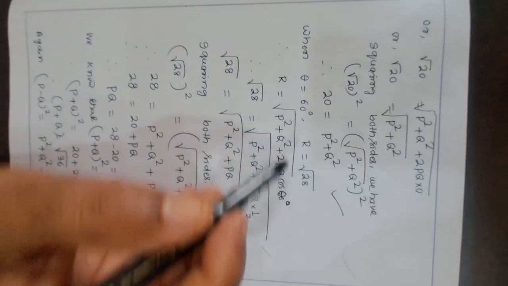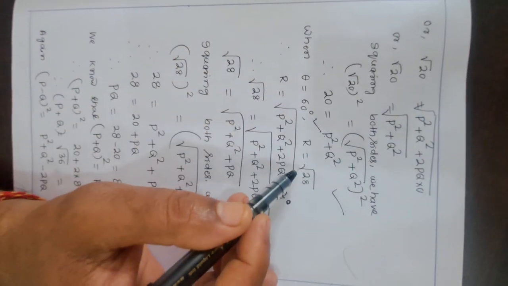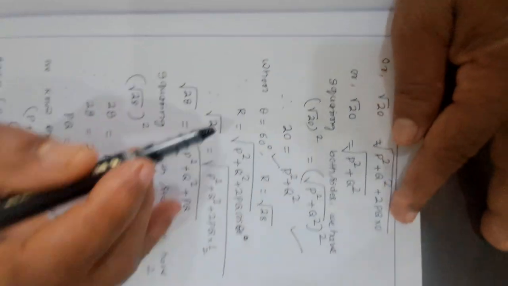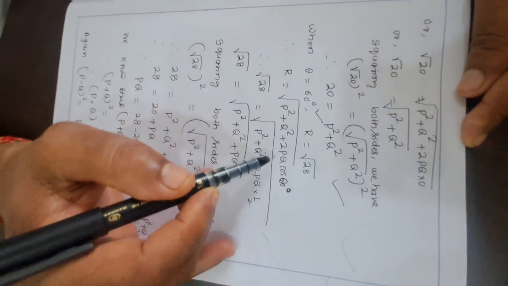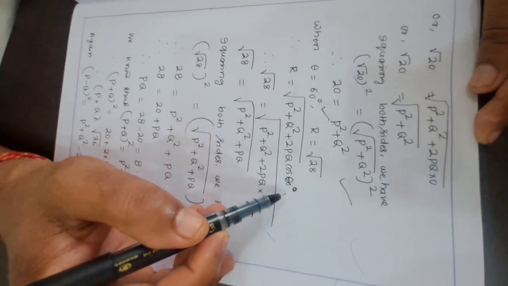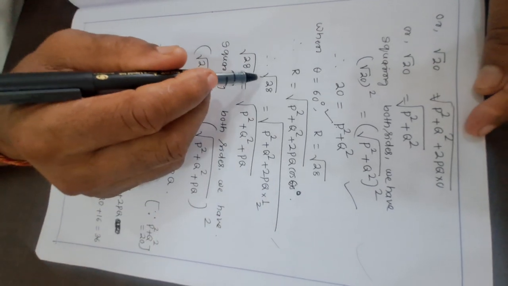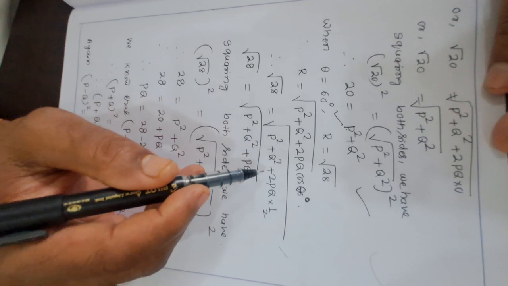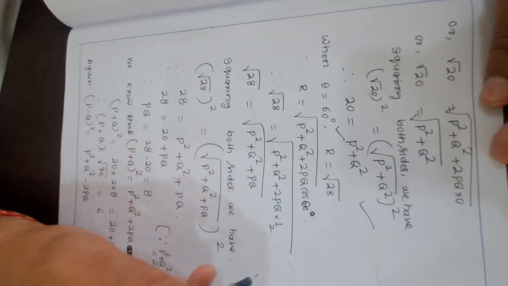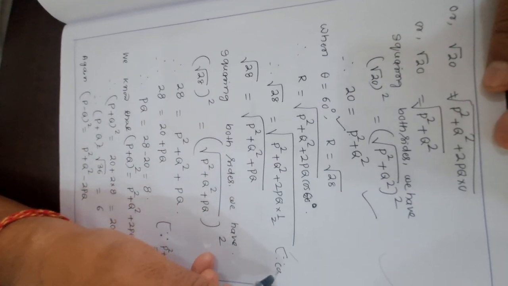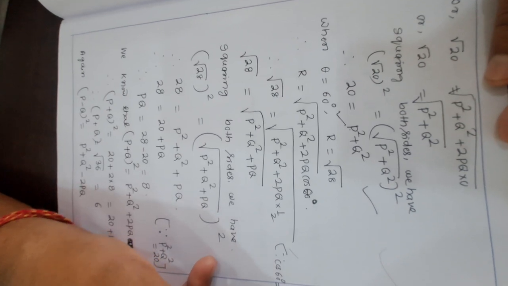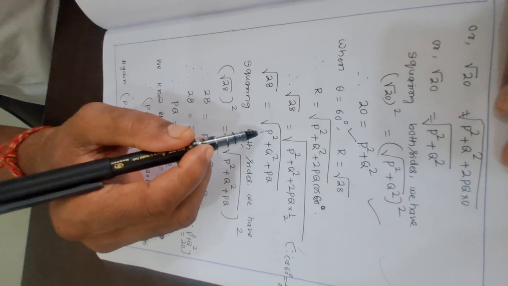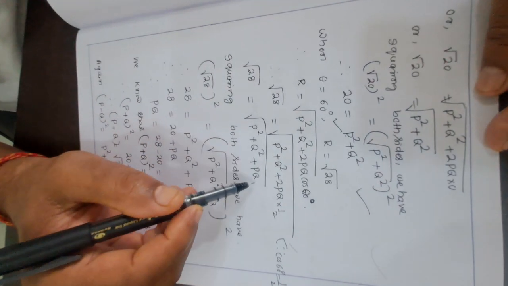Then when theta is equal to 60 degree, R is equal to root over 28. Here R is equal to root over P square plus Q square plus 2PQ cos 60, or root over 28 is equal to root over P square plus Q square plus 2PQ into half, because cos 60 is equal to half, or root over 28 is equal to root over P square plus Q square plus PQ.